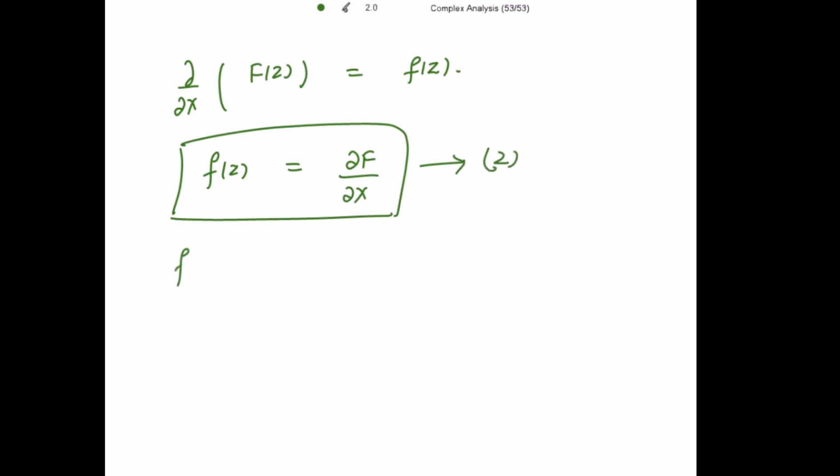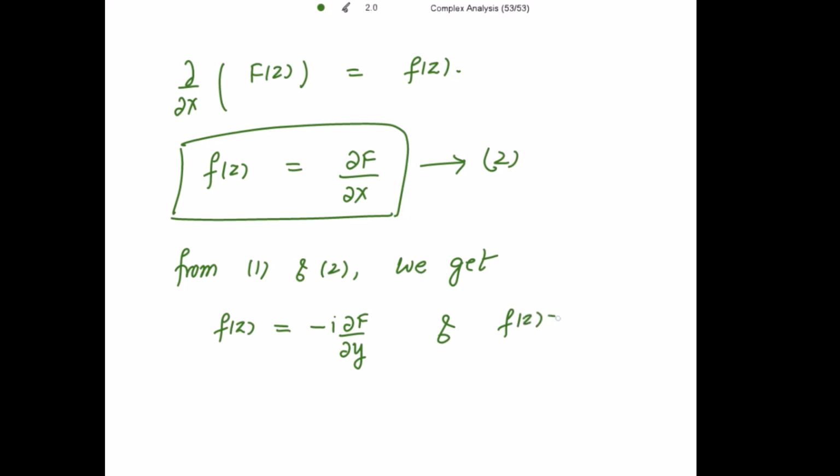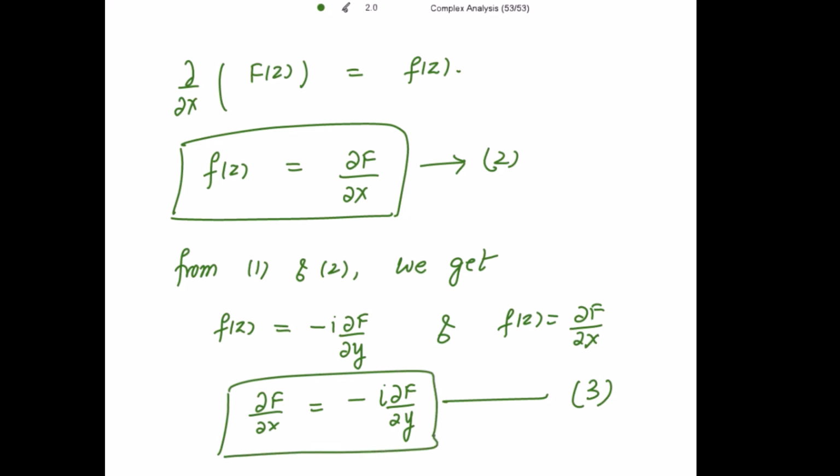So from 1 and 2, we get f of z equal to minus iota curly F over curly y, and f of z is equal to curly F over curly x. Equating these two, we get curly F over curly x equal to negative iota curly F over curly y, marking this as 3. What is 3 representing? Yes, it is representing the Cauchy-Riemann equations for F of z. And the partials curly F over curly x, curly F over curly y are continuous.